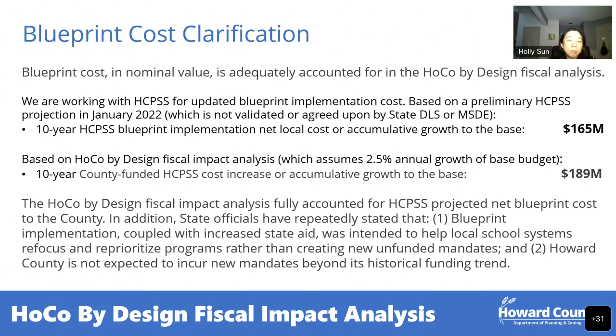The other thing to point out is the state, both MSDE and also DOS, have said on different occasions and in writing that blueprint implementation coupled with increased state aid is intended to help local systems across Maryland to help refocus and reprioritize programs.